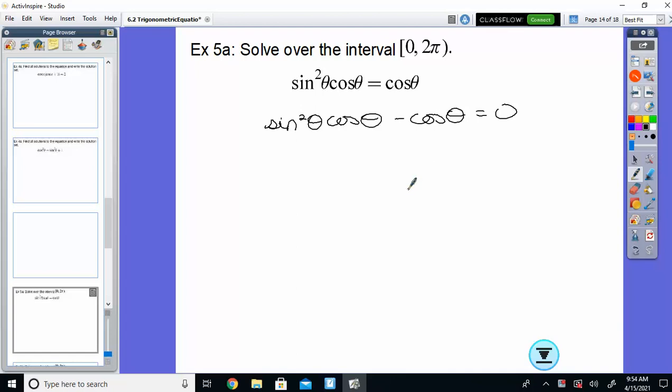Now what can you do? Pull out cosine. Two terms, they both have the cosine in it. So if we take that out, we are left with sine squared theta minus 1 equals 0.